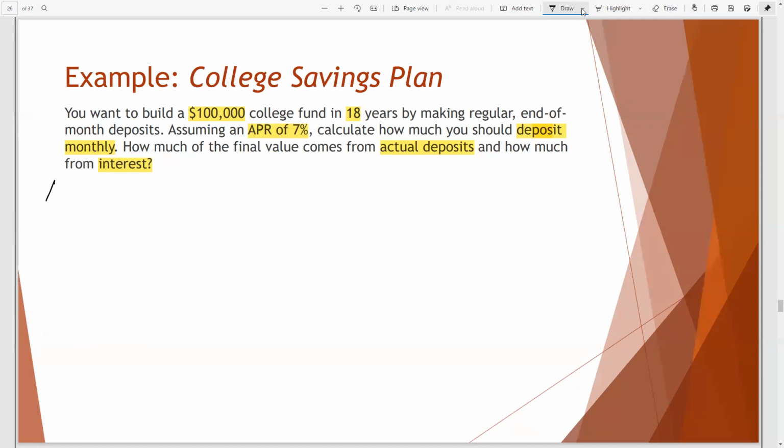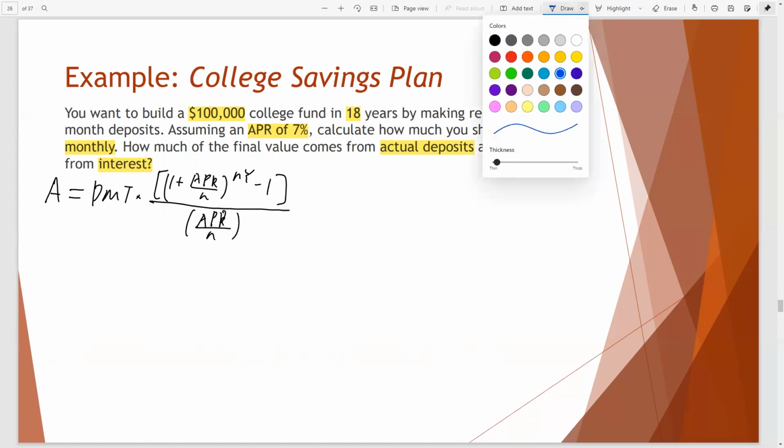Okay, so still the same formula we have. Payment multiplied by (1 plus APR over N) to the N times Y, minus 1, divided by APR over N. Right, and what do we know?